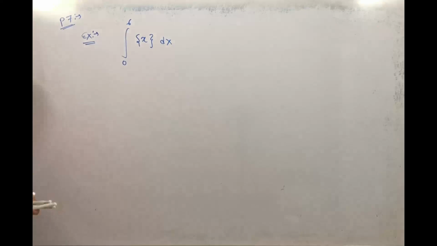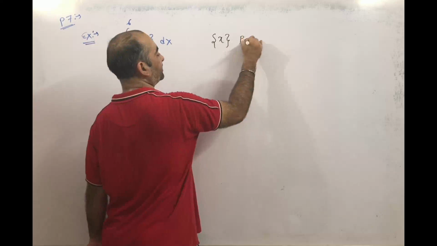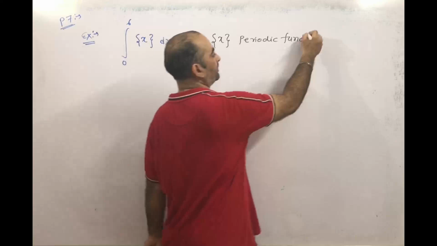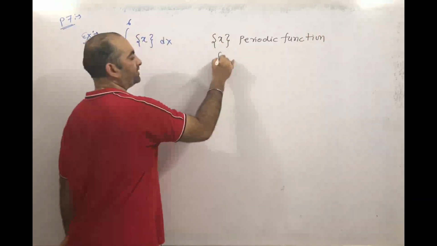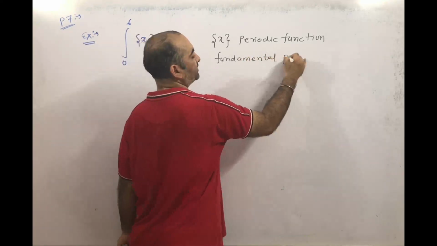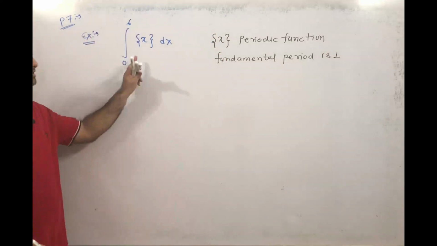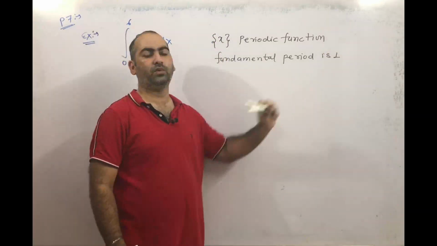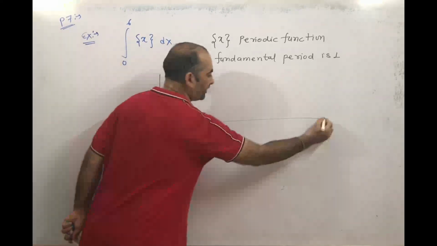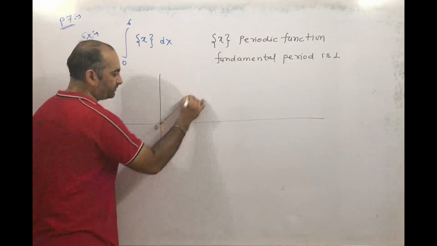Now here we know that fractional part of x is a periodic function, and the fundamental period is 1. So if I draw the graph of fractional part of x, we have to draw the graph from 0 to 6.